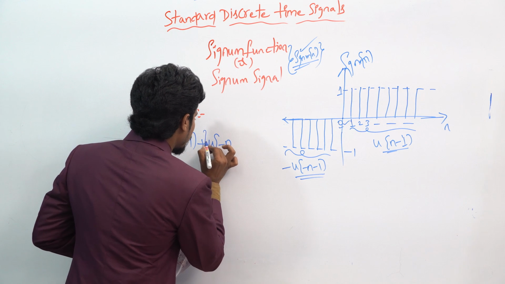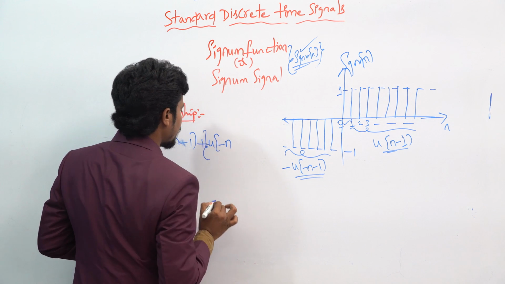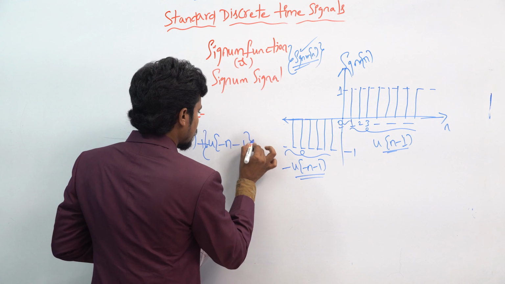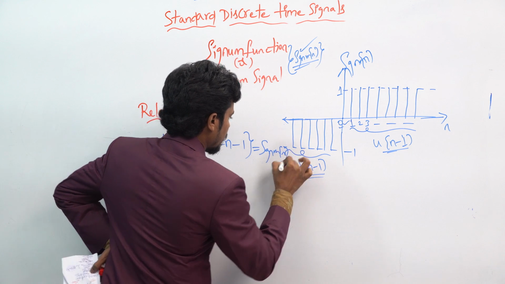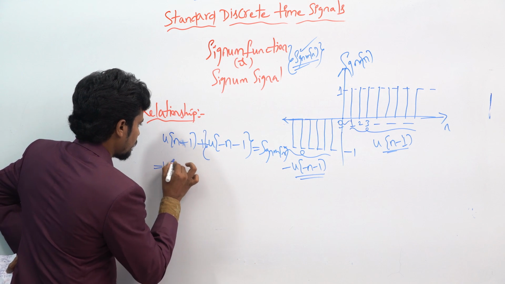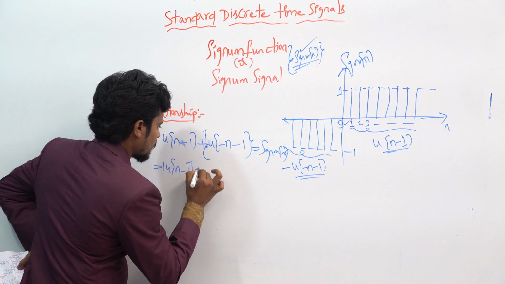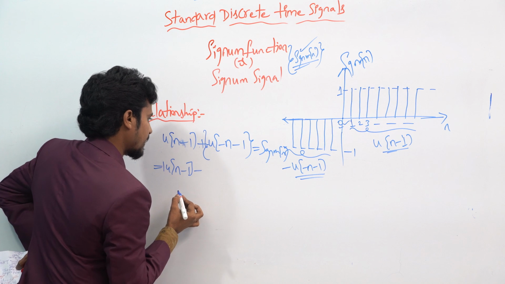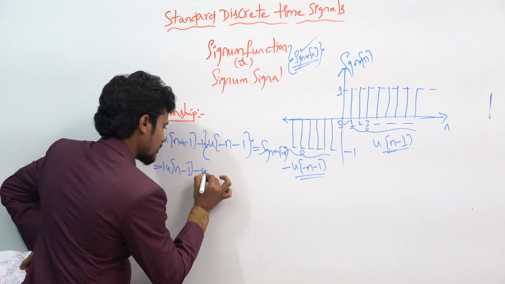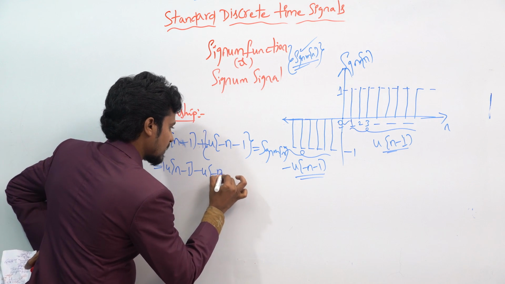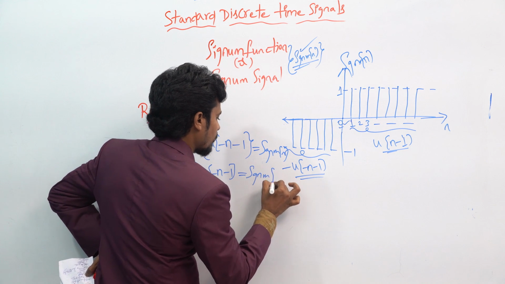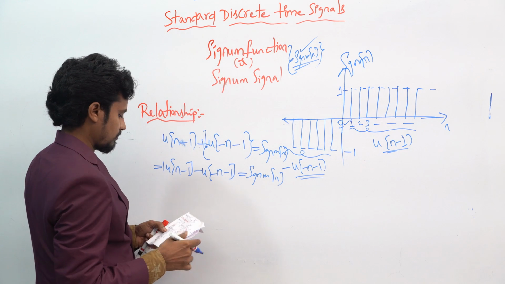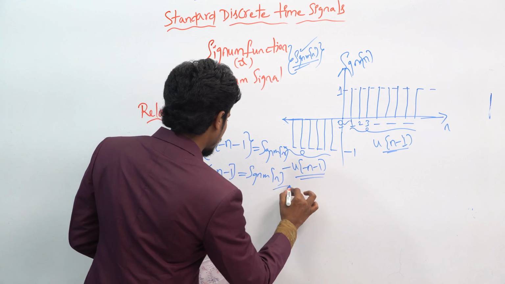This will become minus u of minus n minus 1, that will be equal to signum of n. So this was the relationship.